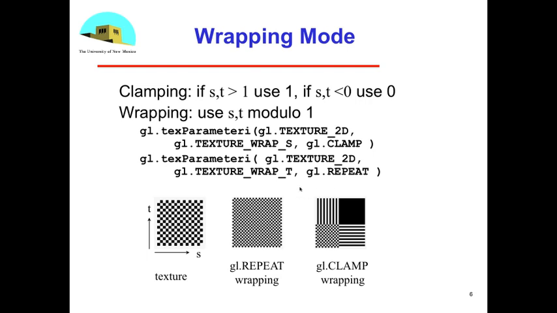If I give you a value less than 0, use the value at 0. So here's a little example of what clamping does when the values are outside the range. You can see here it's outside of the range in one of S and T, up here and up here, but not the other. Up here it's greater than 1 in both S and T, and so it becomes the value at this corner, which happens to be black.